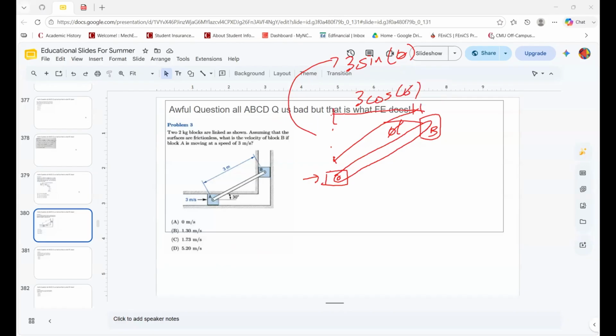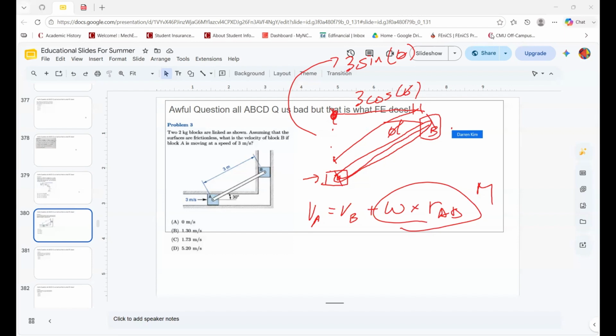Now, what we can do is look at this and remember: VA equals VB plus omega cross R A and B. Here's the thing. This is another way to say moment, but for velocity. Because this is still one member, we don't even have to look at this.